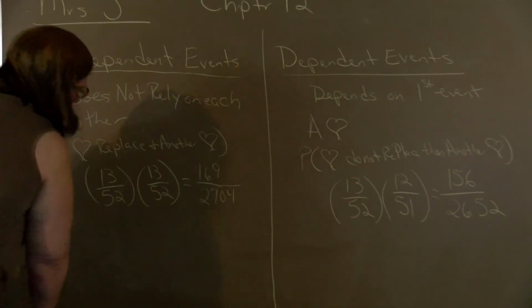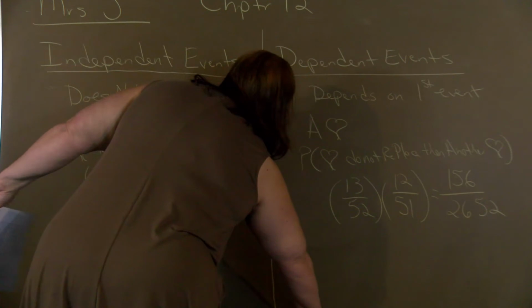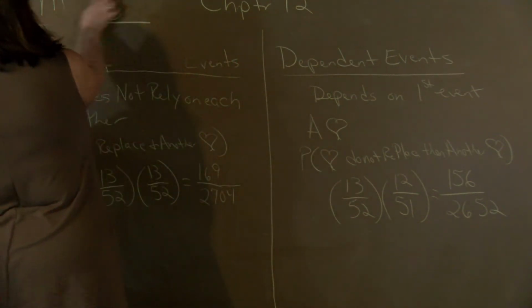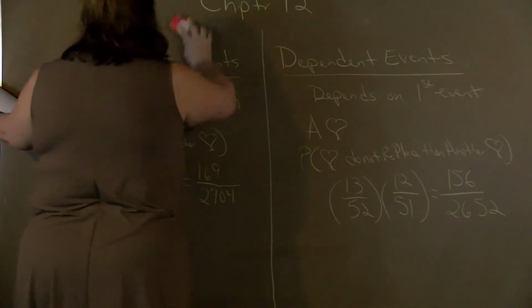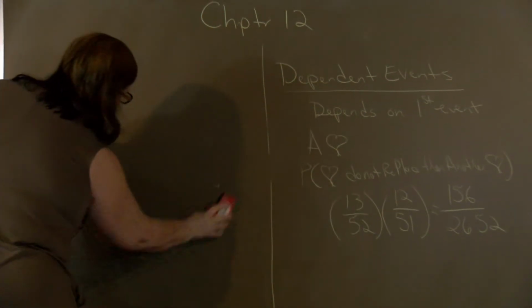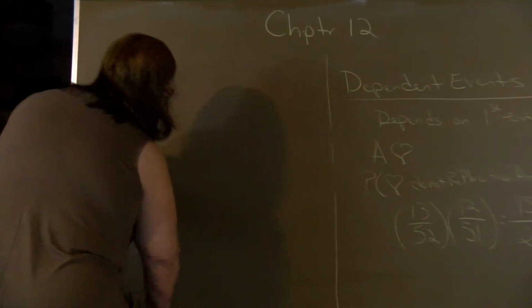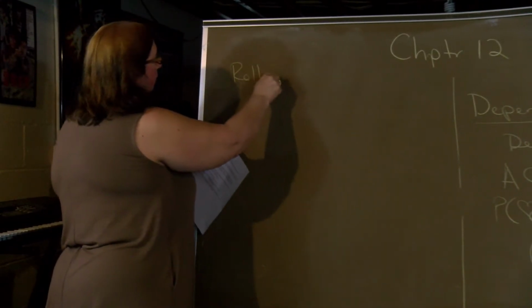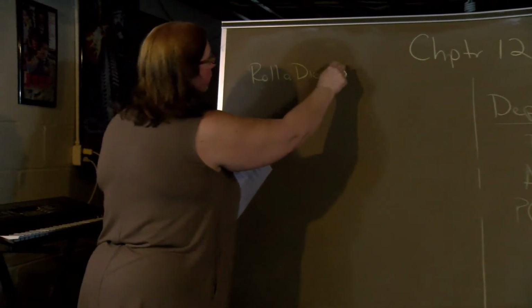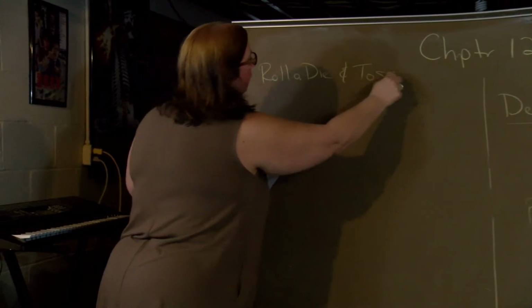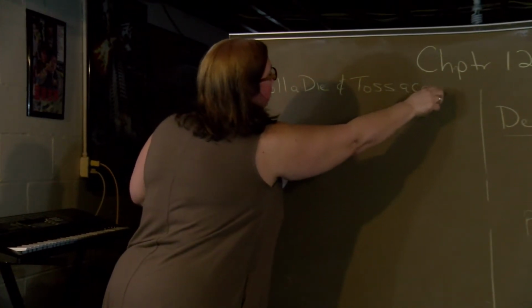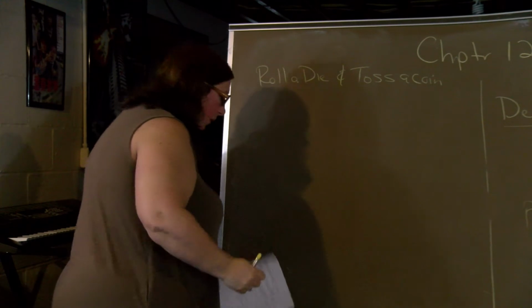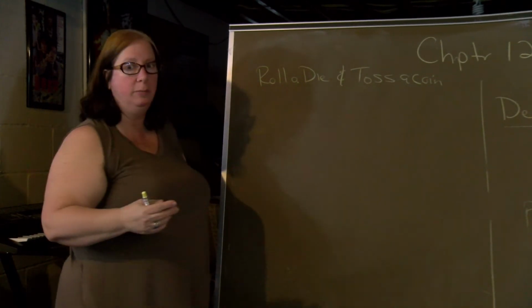Let's look at a few more. What if we roll a die and toss a coin? First, let's find out how many outcomes there are.